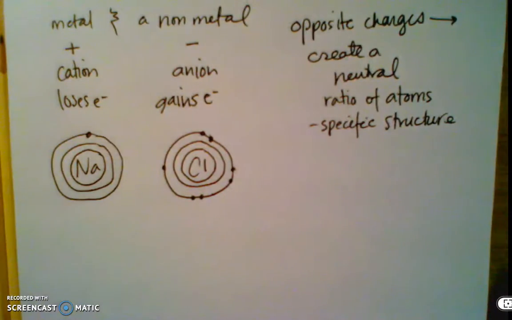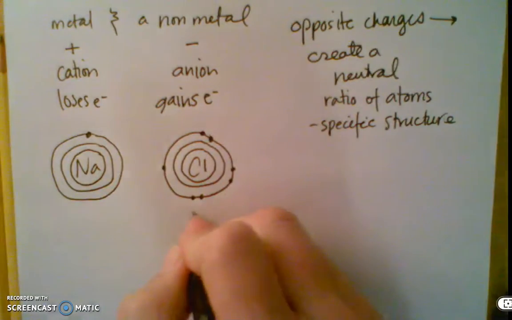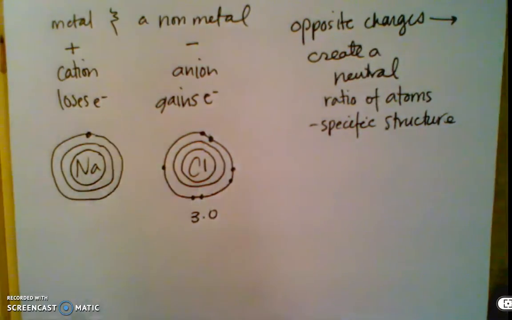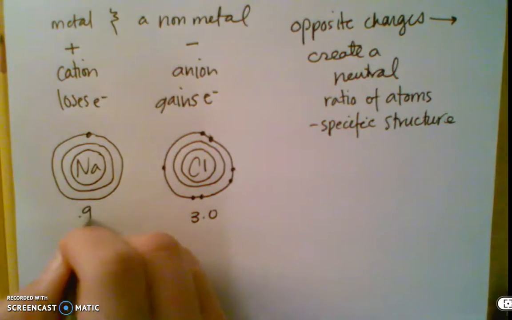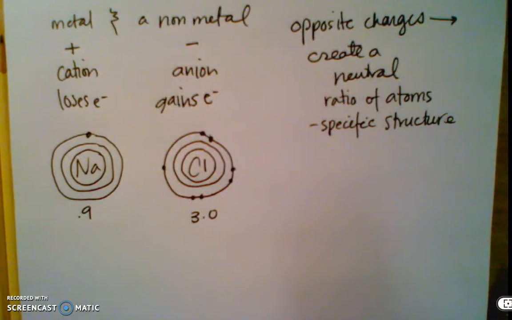So chlorine has a much higher electronegativity than sodium at 3, and sodium has an electronegativity of 0.9. Electrons are going to want to go to chlorine. They're not going to want to stay at sodium.